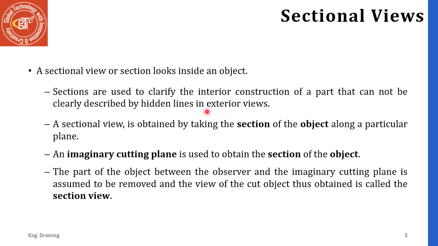So the sectional view is obtained by taking the section of the object along a particular plane. The imaginary cutting plane line is used to obtain the sectional view of the object. The part of the object lying between the observer and the imaginary cutting plane line is assumed to be removed, and the view of the cut object thus obtained is called the section view.